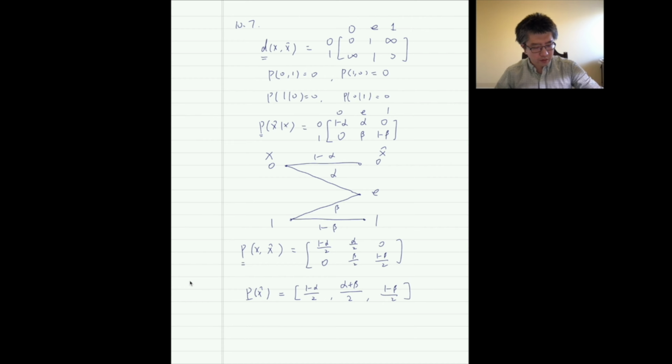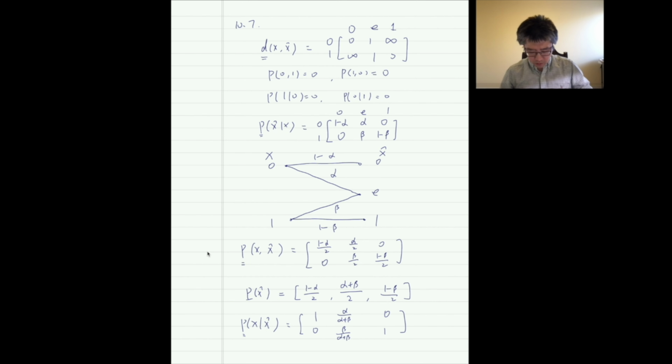With all of those, we can compute the probability of x given x hat, which is nothing but this divided by this: 1, 0, alpha over alpha plus beta, beta over alpha plus beta, and the last line 0 and 1.